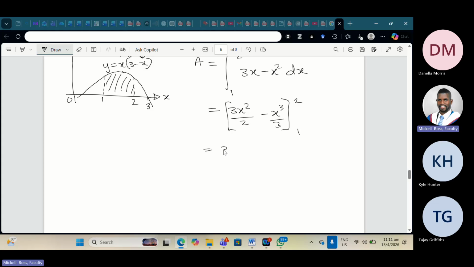So this is going to be 3 times 2 squared over 2 minus 2 cubed over 3. And then we're going to subtract when it is 1: 3 times 1 squared over 2 minus 1 cubed over 3.